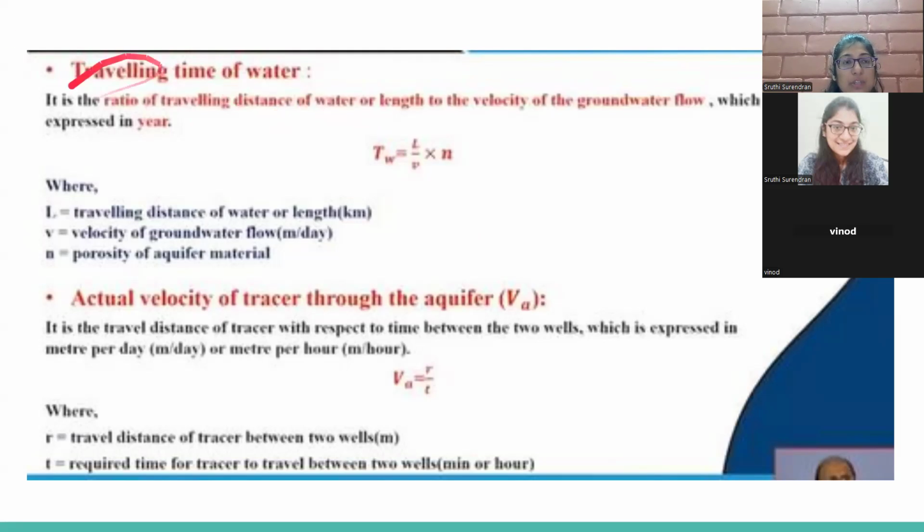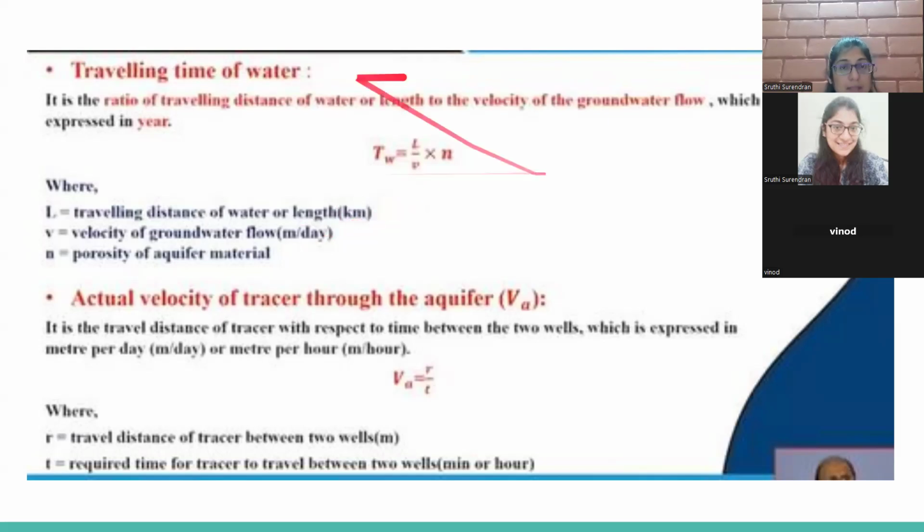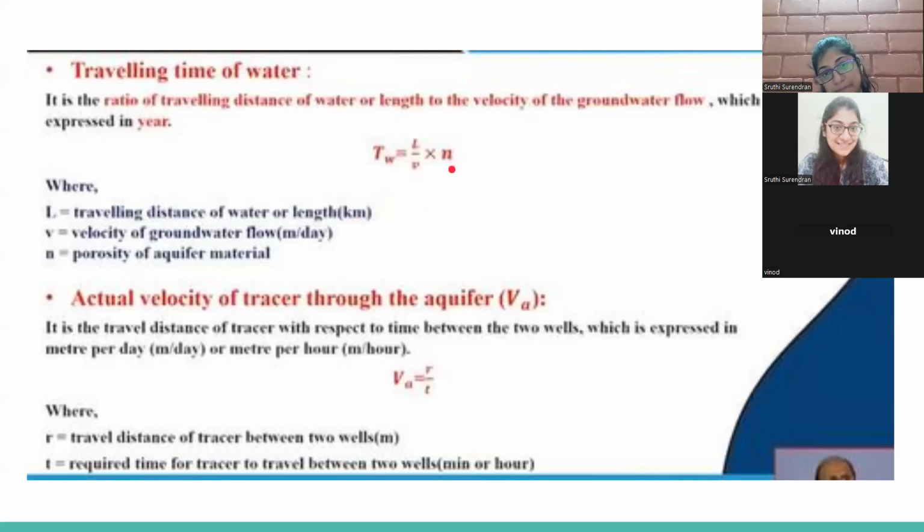And not only that, usually traveling time of water is expressed in years, and the velocity of water has to be given in meters per day and traveling distance in kilometers, and this will be multiplied with the porosity, and you will get the traveling time in years. So in this traveling time of water, what you have to be careful about are the units, as well as multiplying it with the porosity.